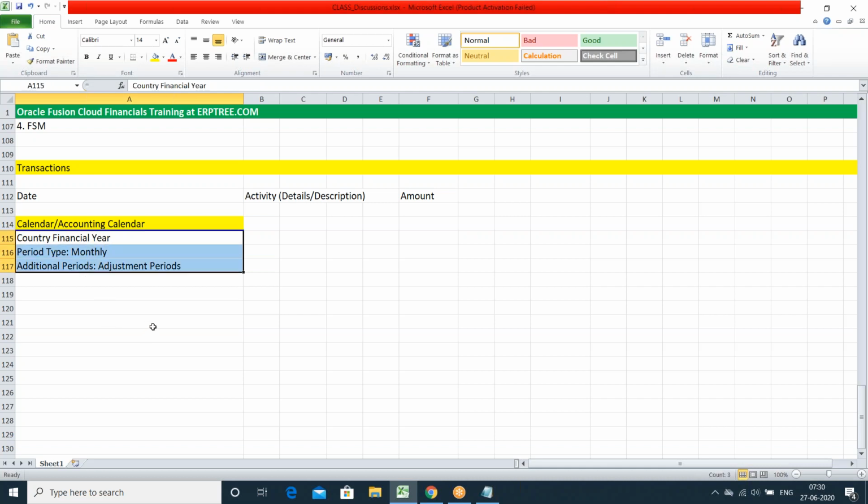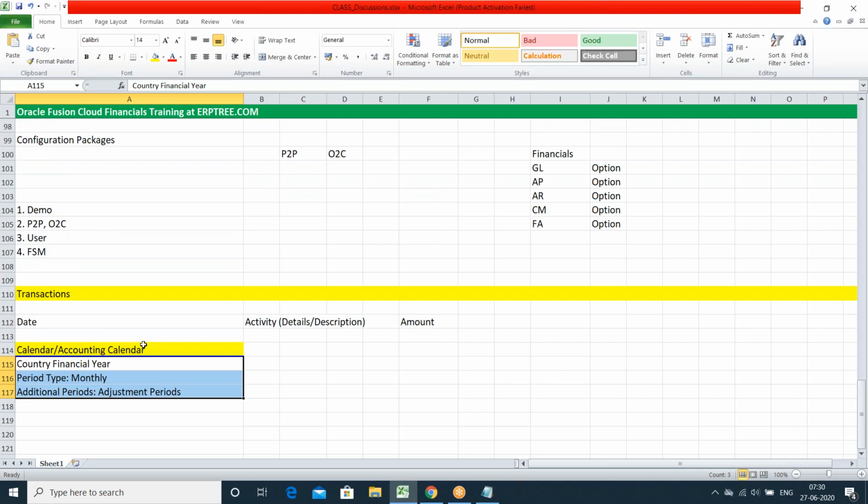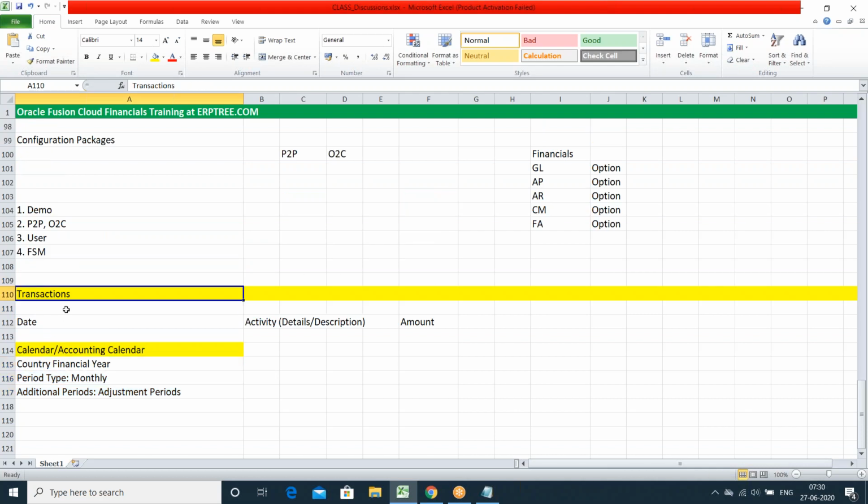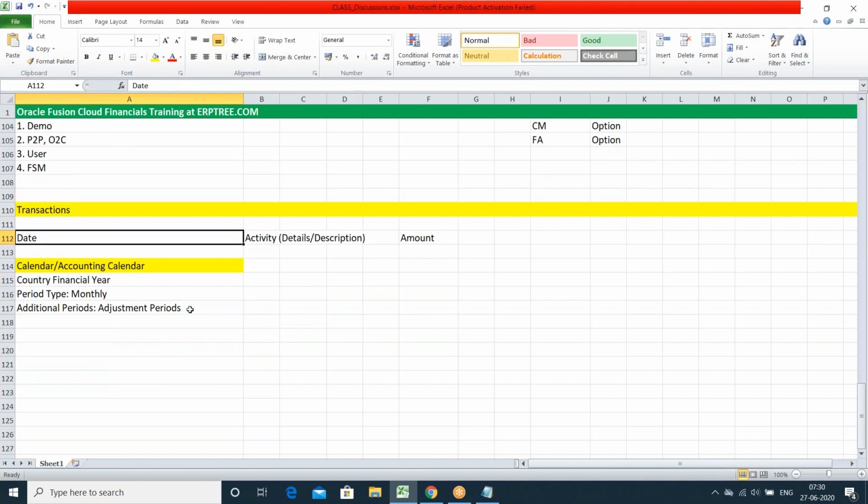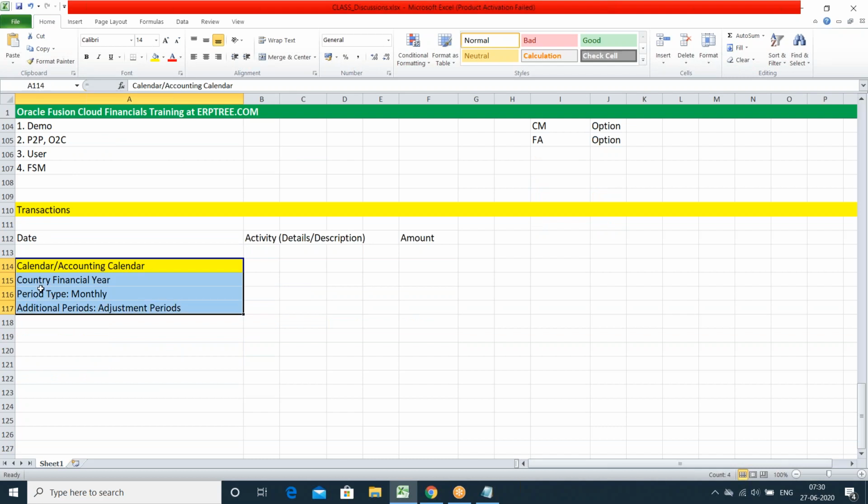How to create the accounting calendar and all, we'll see in the system. Before that, we have to discuss a few more points. Fine. So the first point is, when you are creating a transaction, the date is important. We have to track each and every transaction with the date. For that, we need the accounting calendar. And when you enter the amount in the system, the amount belongs to which currency you have to represent.